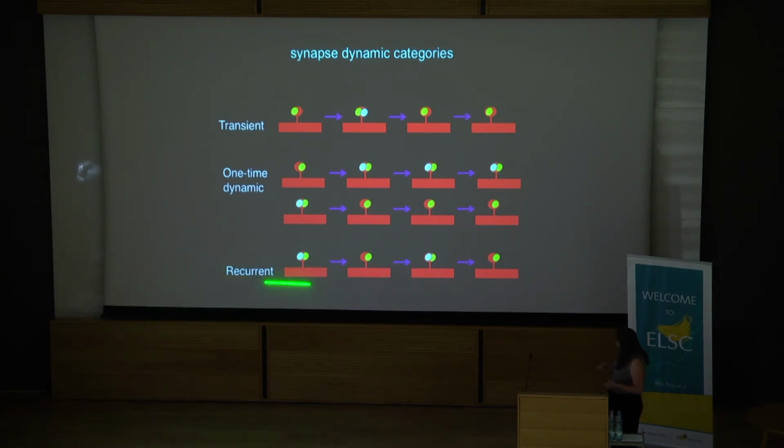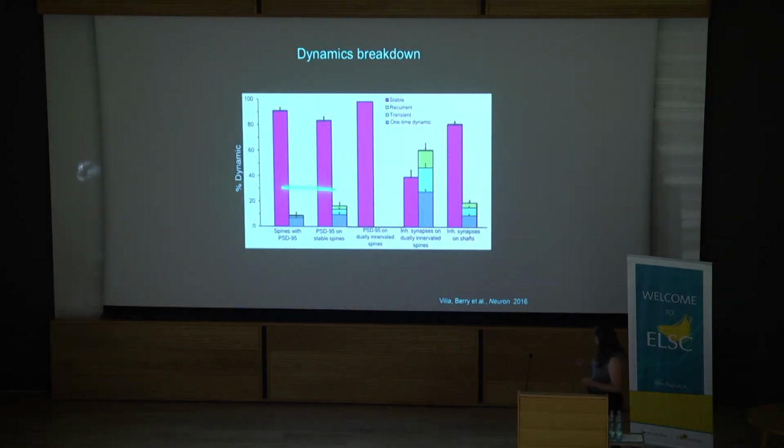But then we also see this recurrent behavior, which is really specific to inhibitory synapses, and which is synapses that pop in and out at the same location. Let's look at these categories in relation to all the synapse types, where here we have all the excitatory, here we have the inhibitory.